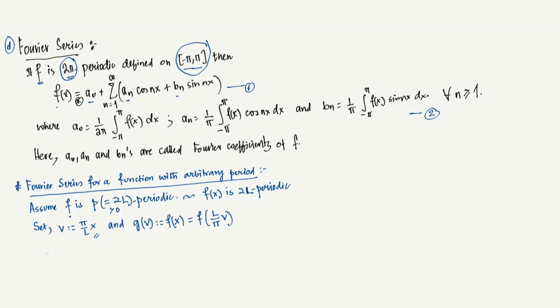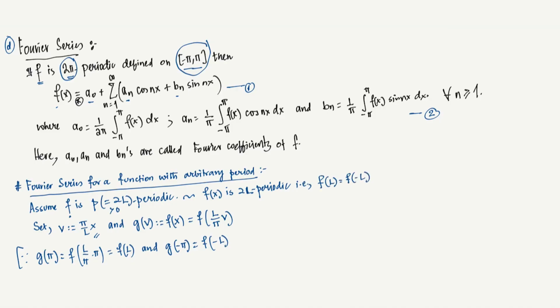Since it is 2L periodic, g will be 2 pi periodic, because if you look at g of pi, it is f of L by pi times pi, which is f of L. And again, g of minus pi is going to be f of minus L. Now you see, f is 2L periodic, and without loss of generality, we can assume that f of L equals f of minus L.